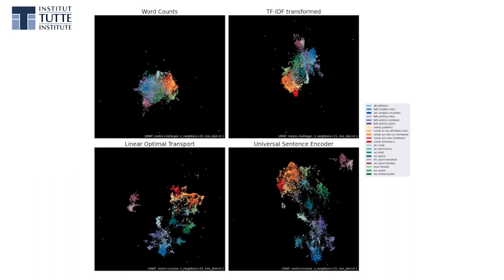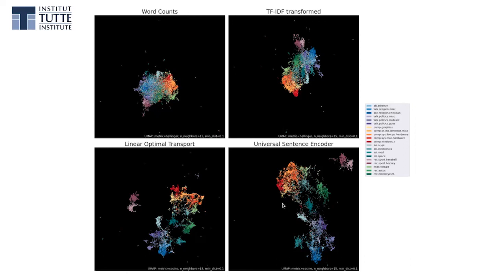So that was using just the things that I have described so far in this talk: TF-IDF transformed bag of words documents, the very simplistic word vector training that I described, really just counting up co-occurrences, and then some basic matrix transformations, and linear optimal transport. And in the bottom right is Google's 1 GB universal sentence encoder deep neural network.